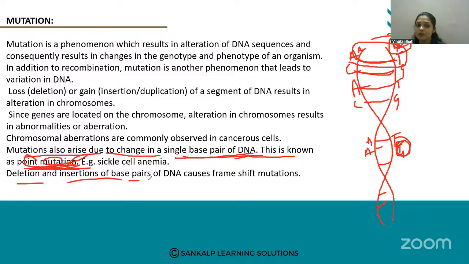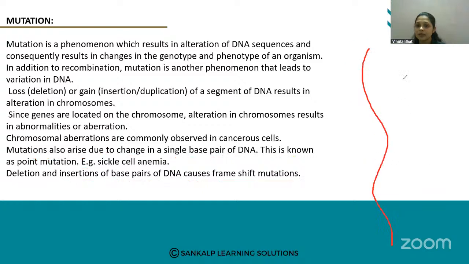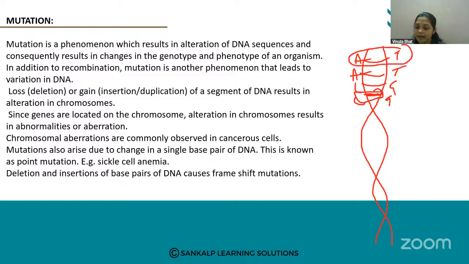Deletion and insertion of base pairs of DNA causes the frame shift mutation. ಇಲ್ಲಿ ನೋಡಿ, ಈಗ DNA ಅಲ್ಲಿ ಏನಾಗಿದೆ, ATCG ಇಷ್ಟೇ ಇರ್ಬೇಕಿತ್ತು. ಇಲ್ಲಿ ಏನಾಗಿದೆ, ಎಕ್ಸ್ಟ್ರಾ CG ಆಡ್ ಆಗಿದೆ. ಸೊ ದಿಸ್ ಇಸ್ ಎಕ್ಸ್ಟ್ರಾ. ಎಕ್ಸ್ಟ್ರಾ ಆಡ್ ಆಗಿದೆ ಅಥವಾ ಡಿಲೀಟ್ ಆಗಿದೆ. ಒಂದು ಡಿಲೀಟ್ ಆದ್ರೆ ಅಥವಾ ಎಕ್ಸ್ಟ್ರಾ ಆಡ್ ಆದ್ರೂ ಕೂಡ ಸೊ ದಟ್ ಈಸ್ ಆಲ್ಸೋ mutation.